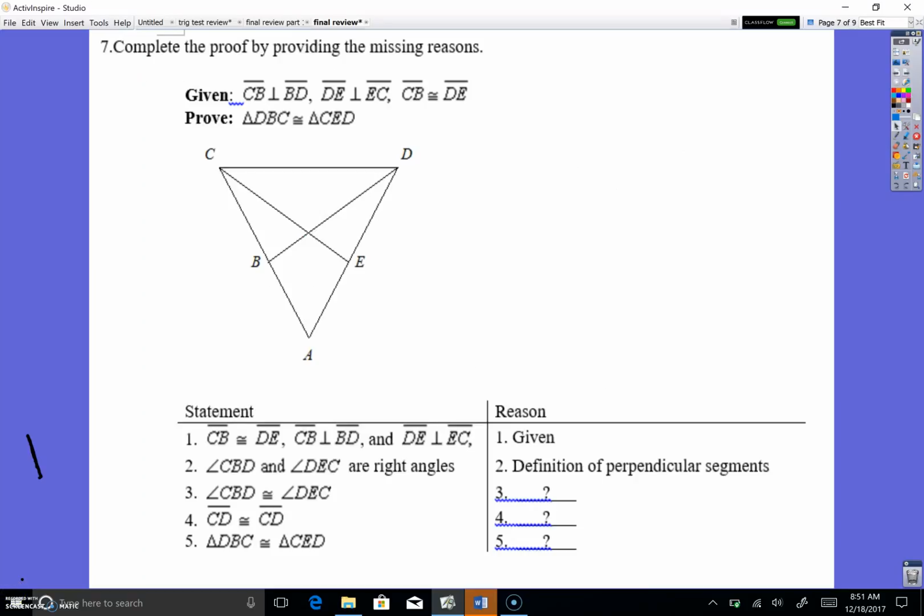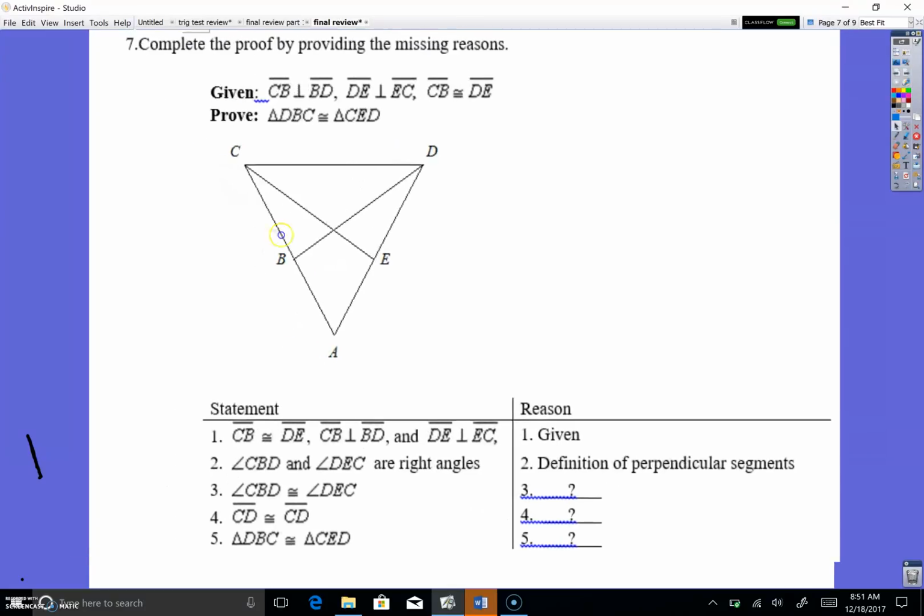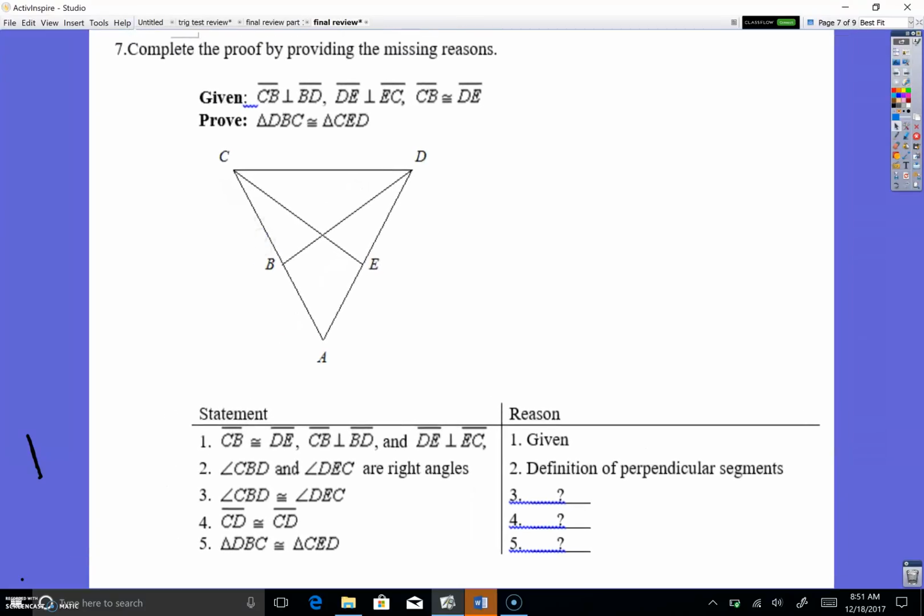So now we know CB is perpendicular to BD. DE is perpendicular to EC.